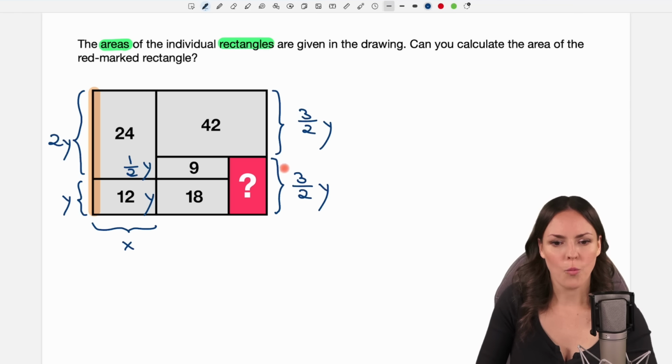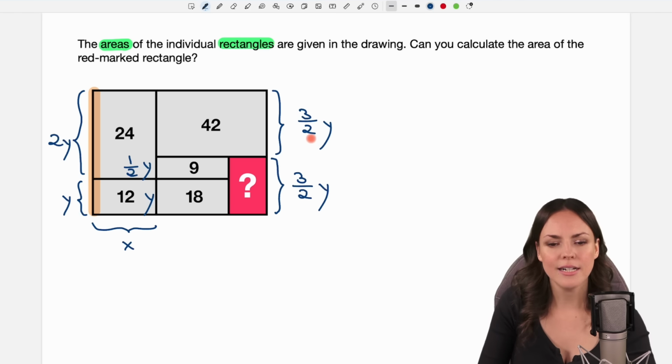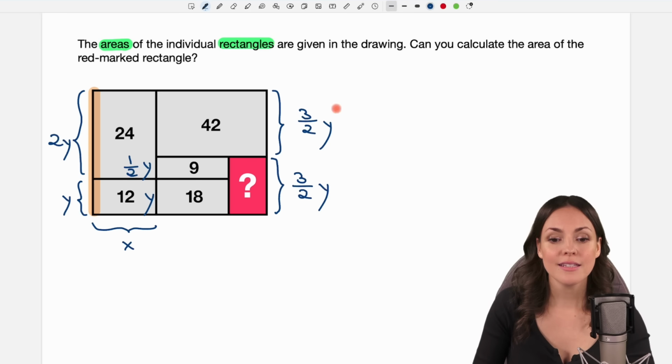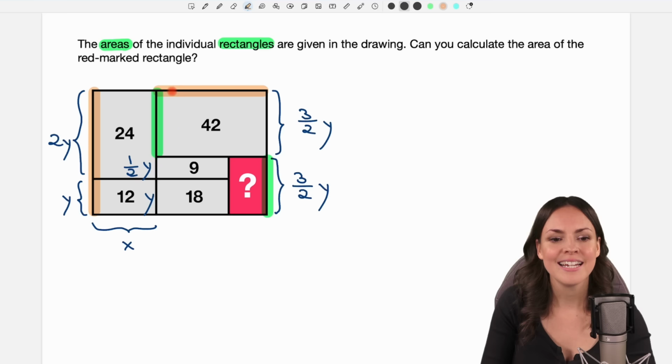Okay, so what do we see here now? These values are the same, which means that the length of this side here, so I'm going to draw it here, the length of this side is the same as the length of this side. And if we compare this side here, this has the same length as this side down here.